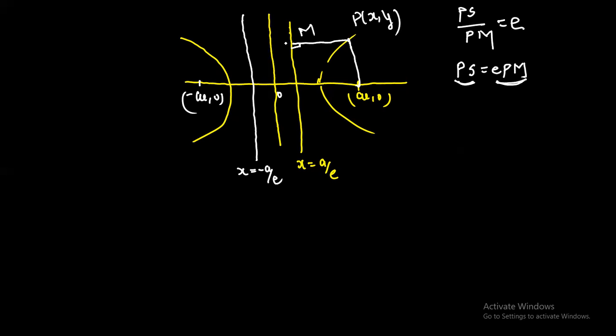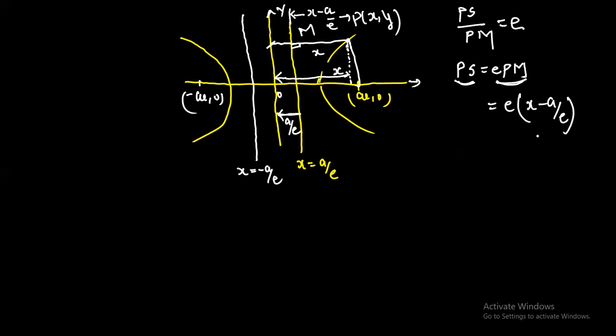If I drop a perpendicular from this point on the x-axis, this distance from the y-axis is x, and this distance is a by e. So PM is x minus a by e. So e times x minus a by e becomes ex minus a.